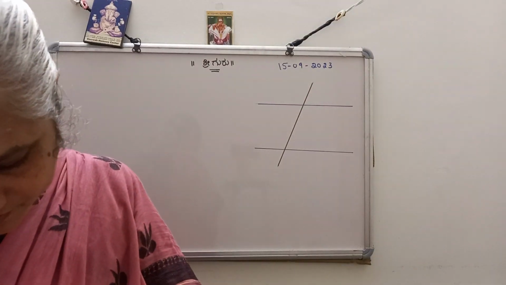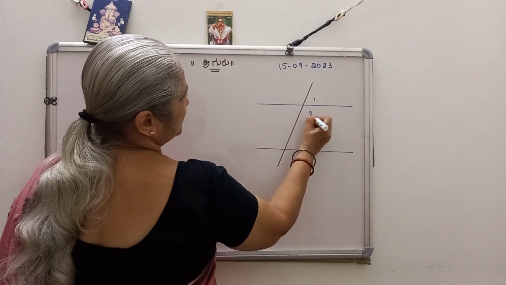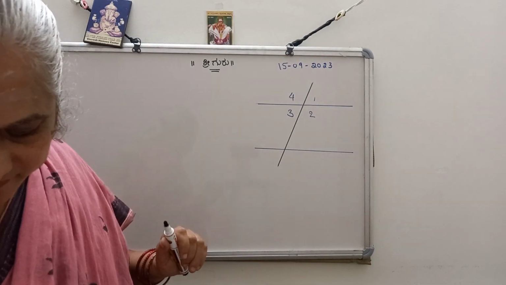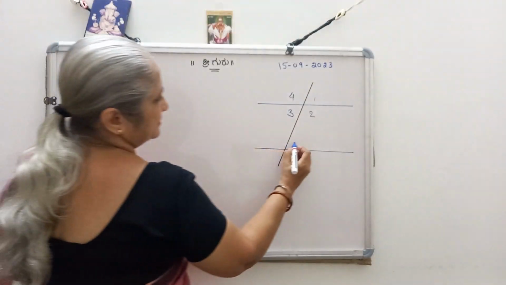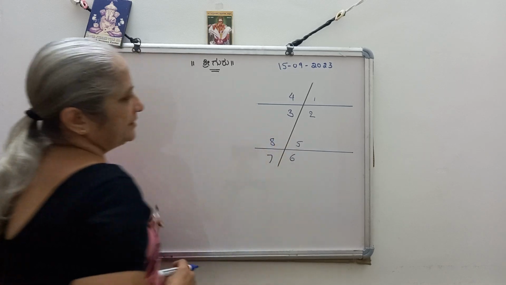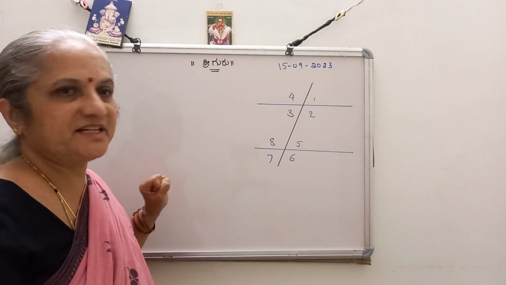Here 1, 2, 3, 4, 5, 6, 7, 8. Now, can you tell me what are interior angles and what are exterior angles?